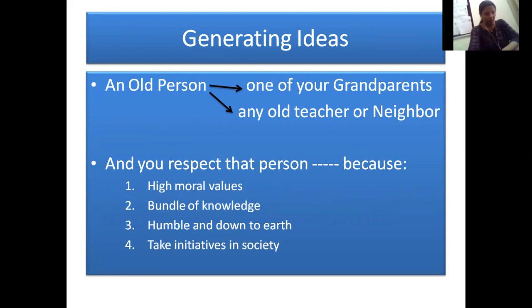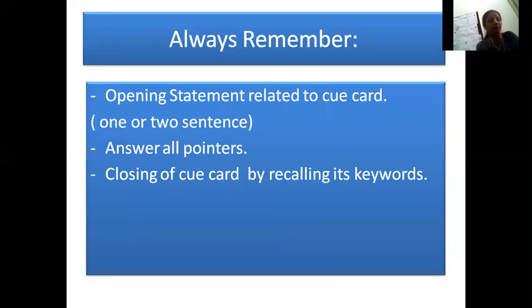You can mention that you respect that person because of his high moral values, his knowledge, and the personality he possesses, like being very down to earth. And you respect him because he takes initiative in the society. These are the things you are going to speak about in the cue card, which is the reason why you respect that person.